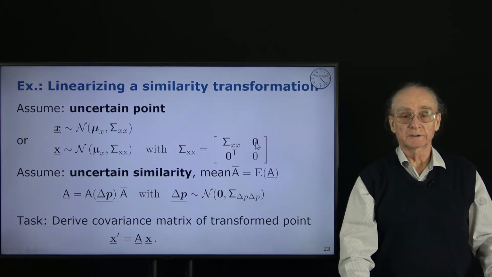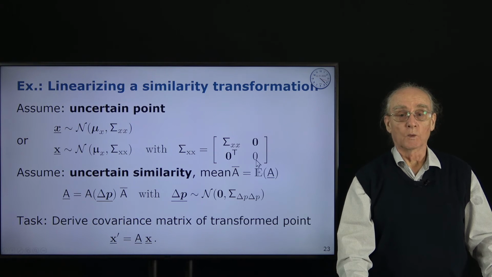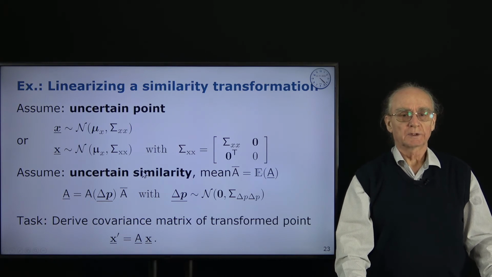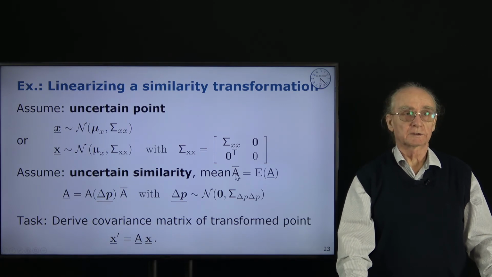That means the covariance here stands the covariance of the vector x, y, z and the scalar 1, which is 0. Let's assume we have this given, and in addition we have an uncertain similarity with some mean value for the similarity. We don't care where this comes from.